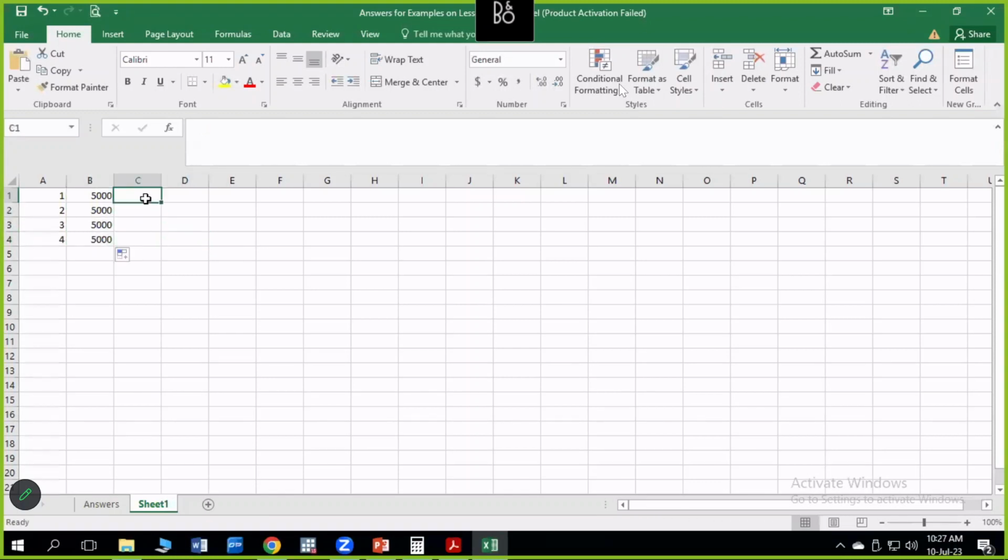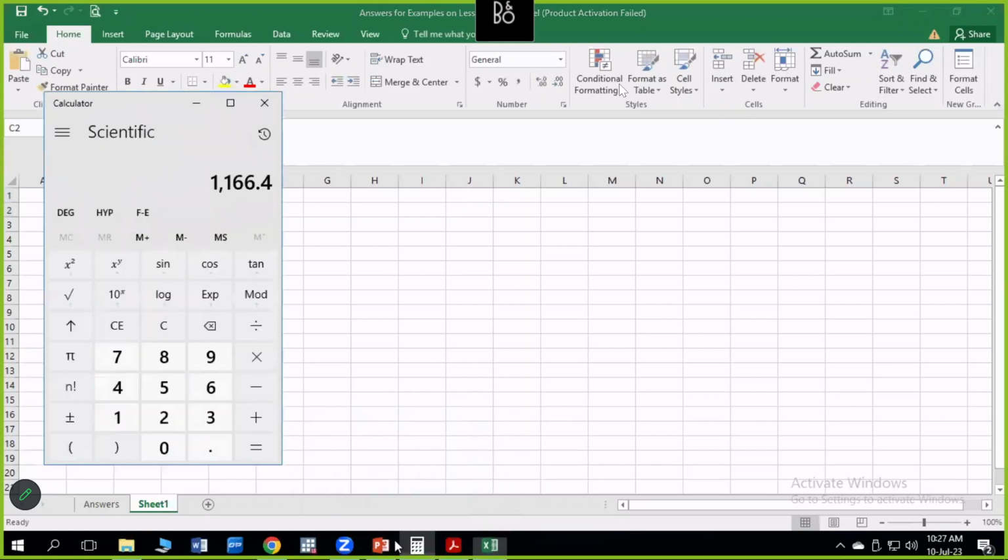So you know that the future value is 1 plus R, 1 plus I to the N. So first one, 1.08. Second, 1.08 squared, 1.1664.